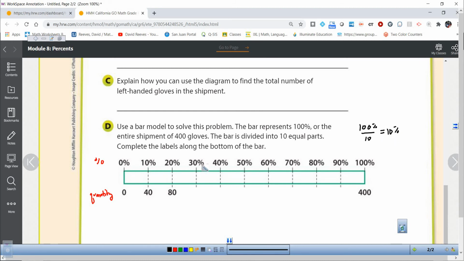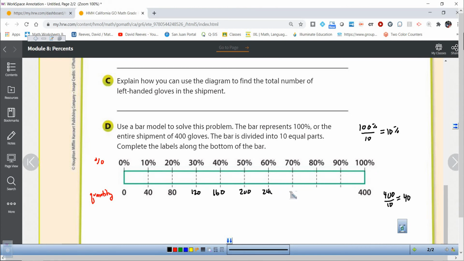So each line on the top is 10%. 400 divided by 10 is 40. So each piece on the bottom is 40. So we'd go 80, then 120, 160, 200. You can see we're at 50%, and half of 400 is 200.